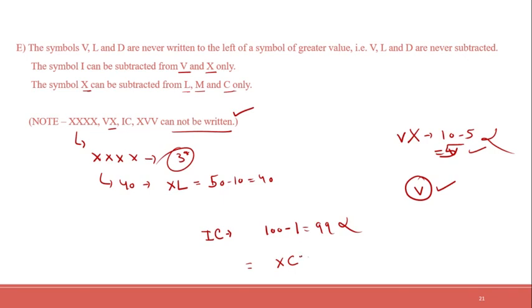Then I'll subtract 1 from this 10. That means 100 minus 10 is equal to 90, plus this 10 minus this 1. So it is 99. So this is the right way to do this. This is correct and this is wrong. I hope you got this clearly now.